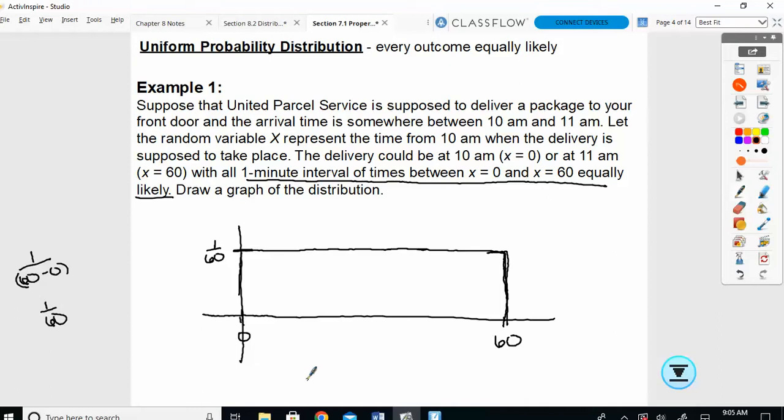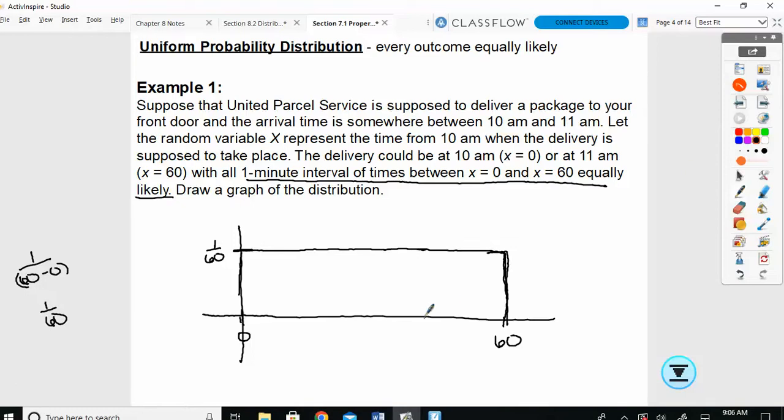Okay, which kind of makes sense if we think about it. There are 60 possible outcomes, and each of them has the same probability, so 1/60th would be the probability of each specific outcome. So that is a graph of a uniform. Anytime it's just like a rectangle, that's a uniform distribution. Everything had the same probability.